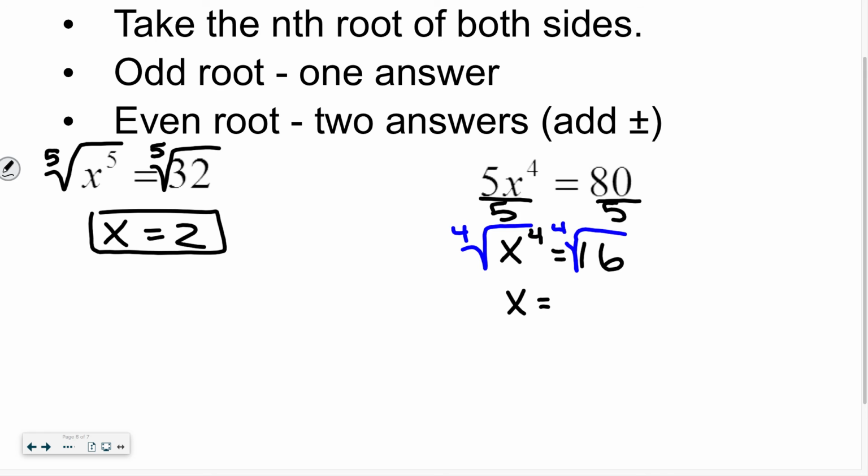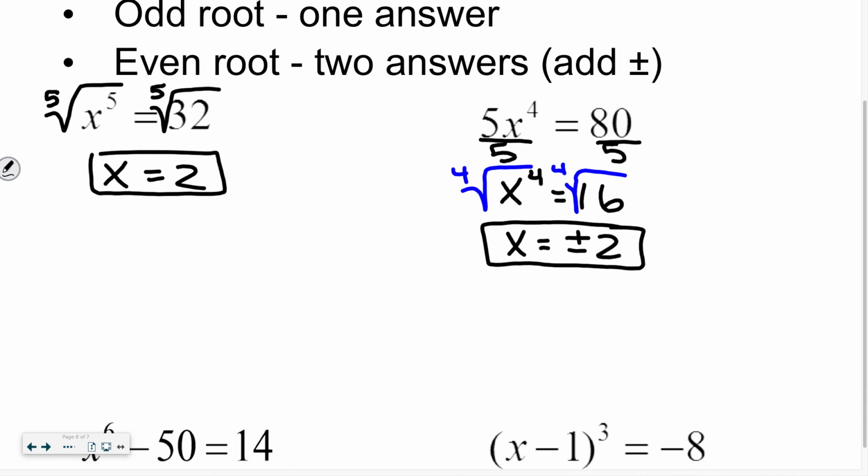Since that's an even root, I don't know if it was a positive times itself 4 times or a negative times itself 4 times, so I have to add my plus or minus. And what's the fourth root of 16? So it'll be plus or minus 2. Either one would work.